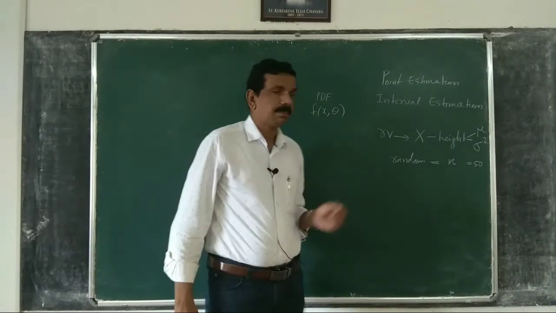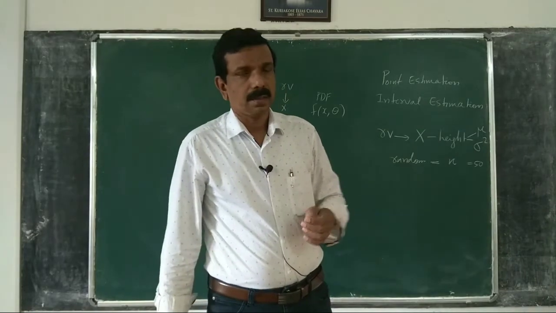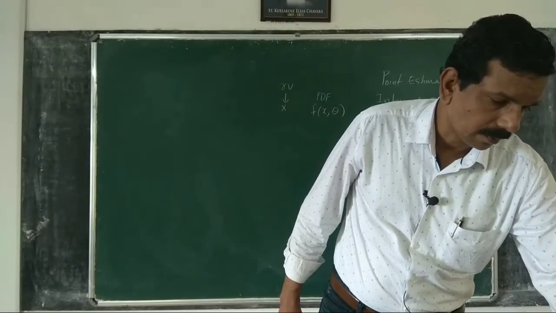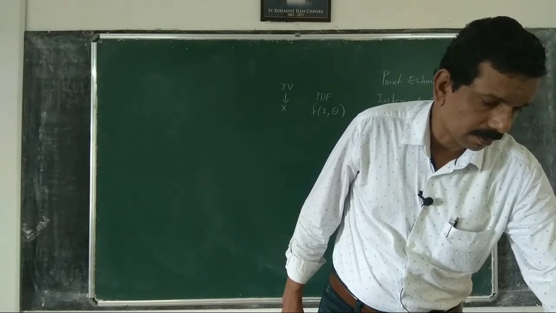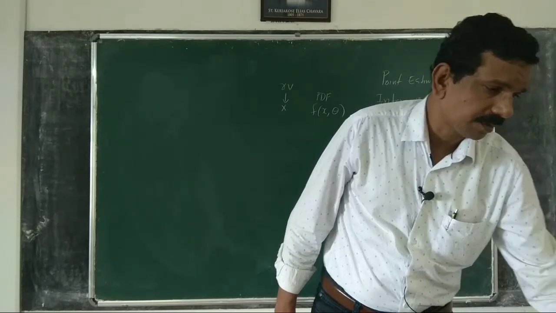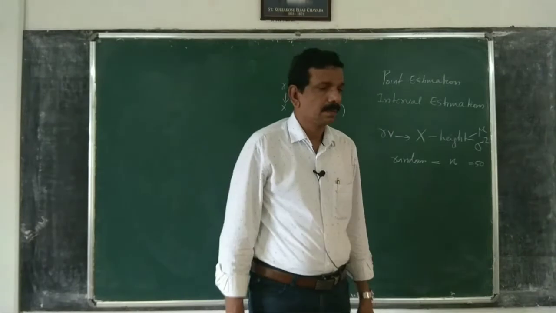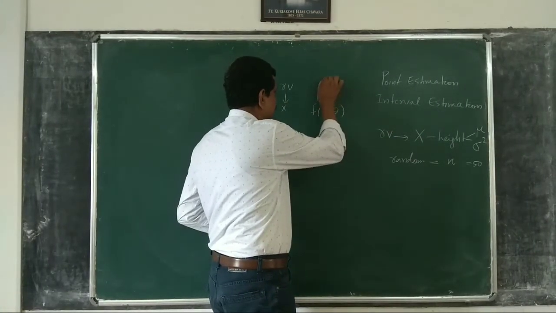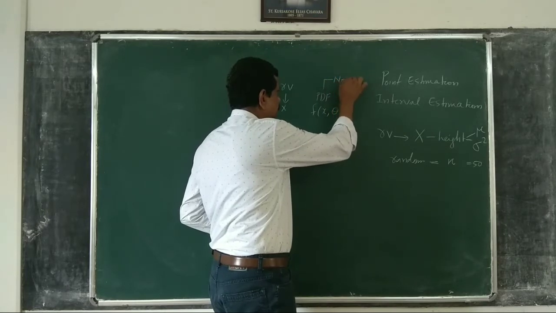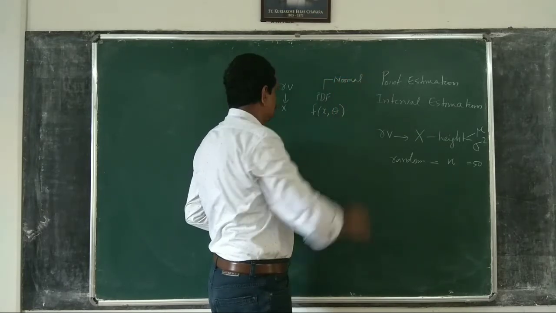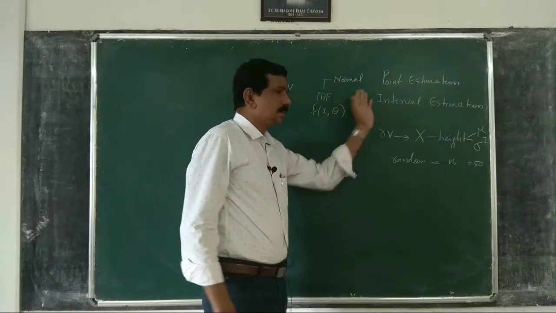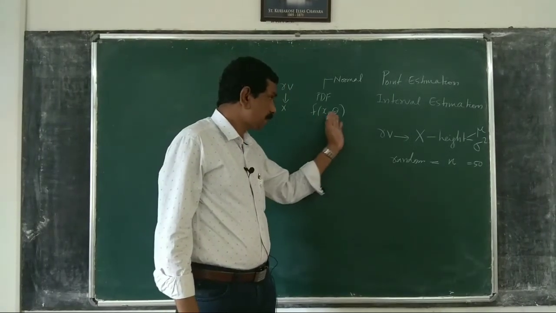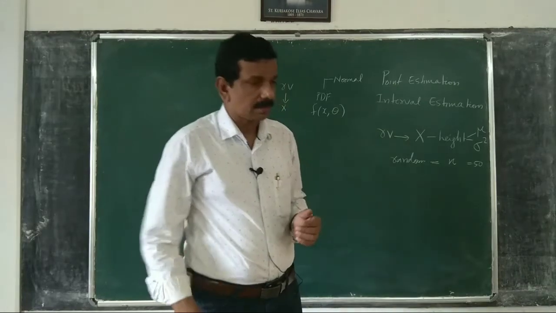Theta may be mu, theta may be OLS estimators or correlation coefficients, whatever. We assume that the PDF is normal. X is a random variable with a normal PDF. But the parameter theta is unknown.